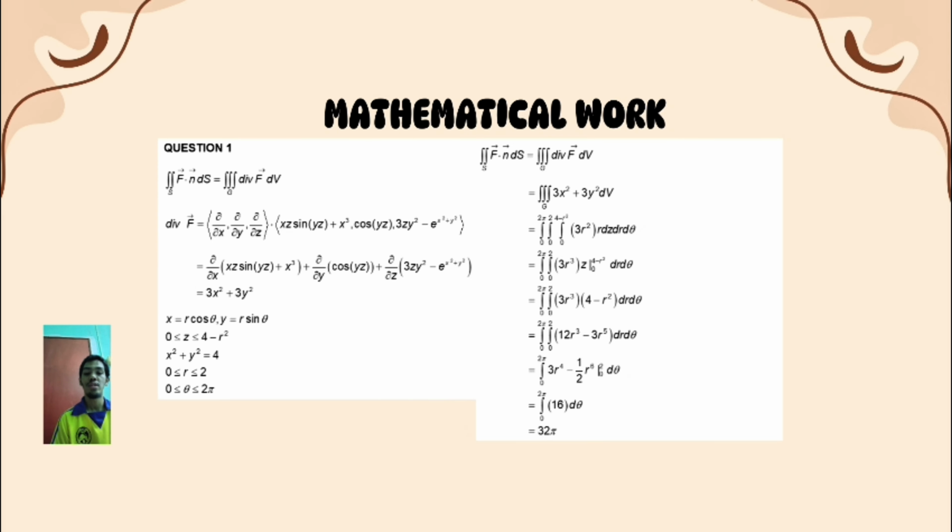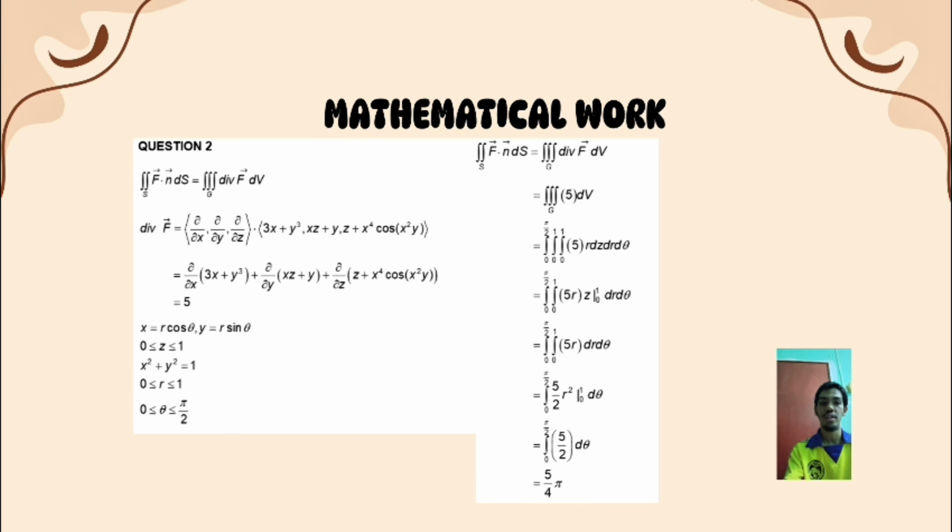Then we substitute into the triple integral of 3x squared plus 3y squared, and it is easier to use cylindrical coordinates. Hence, we convert Cartesian coordinates into cylindrical coordinates and solve this triple integral, and the answer is 32 pi.